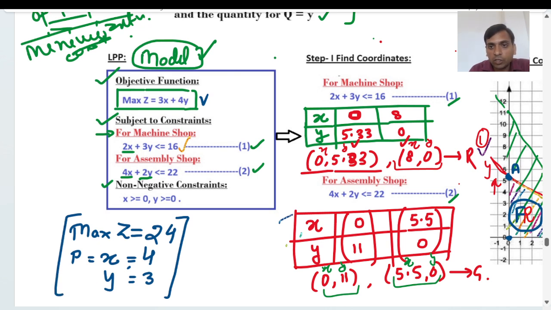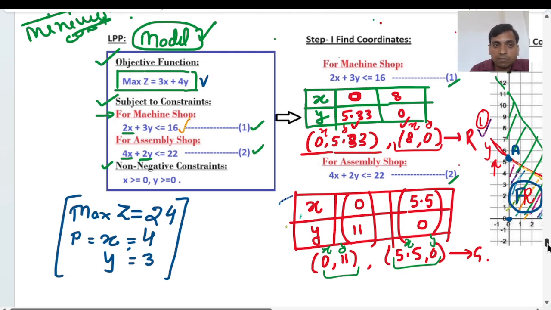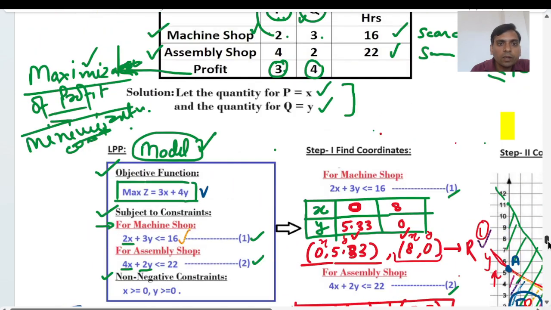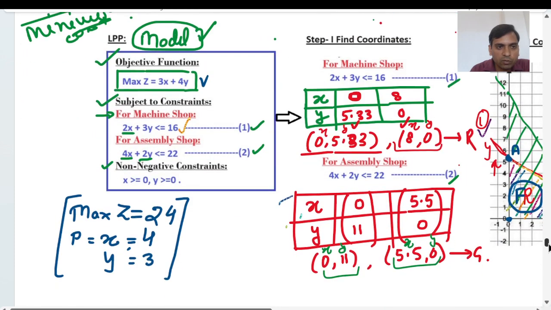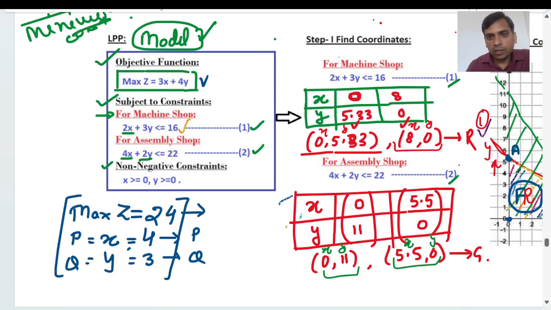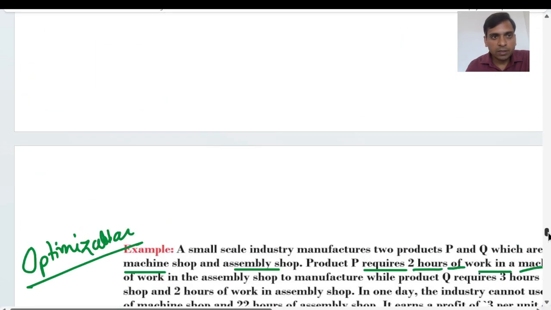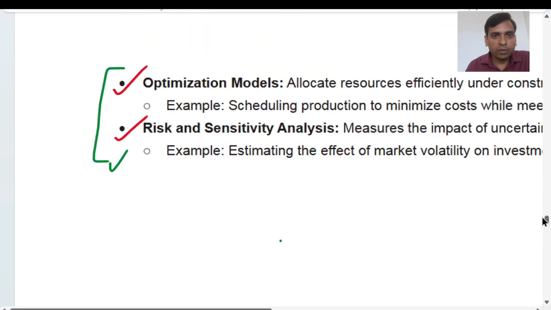But now we need to conduct sensitivity analysis also. So we should produce 4 units of P and 3 units of Q, and total profit we will get is 24. So this is the optimization concept. Now we will attach this optimization concept with sensitivity analysis also.